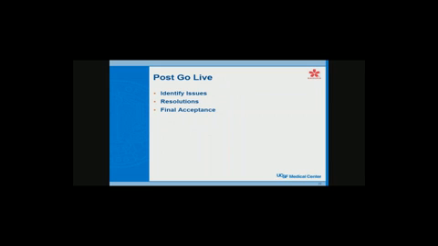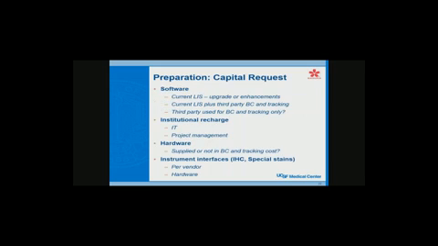So that was something that we really wanted to make, so we get our money, and then our bonus money, and then any changes to be made in your current system, hardware, implementation and installation, IT infrastructure, training, testing, go live. We'll go through all this more. And then the post-go live is identifying any issues that come up that didn't show up in testing previously, and then resolutions to those, and then a final acceptance.